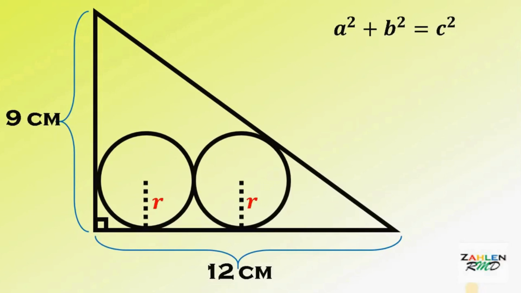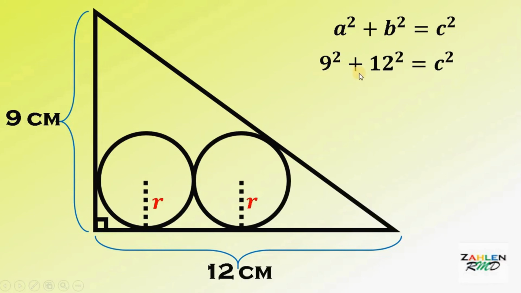Now, first thing to do is to consider this right triangle. Since we have the two legs, we can now find the hypotenuse using the Pythagorean theorem. So we have a squared plus b squared equals c squared, wherein a is 9 centimeters, b is 12 centimeters, and c is the hypotenuse of this right triangle. Now, substitute all the given values.